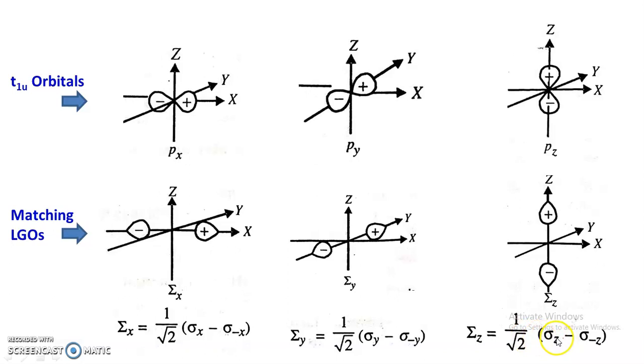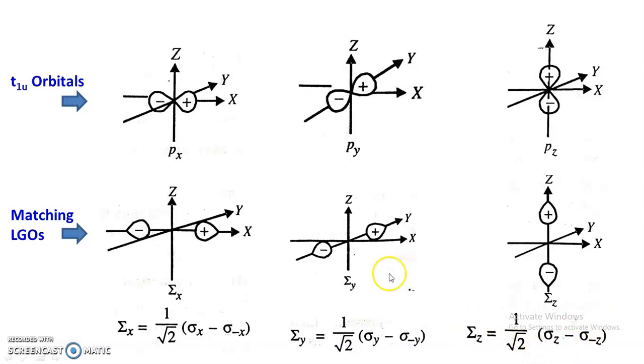Sigma z means plus sigma z. This is nothing but plus sign of sigma. This indicates the positive lobe. Okay, so minus sigma negative z, that is minus negative lobe oriented along the negative end of the z-axis. So this is about the sigma z.